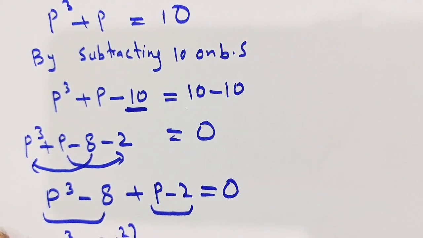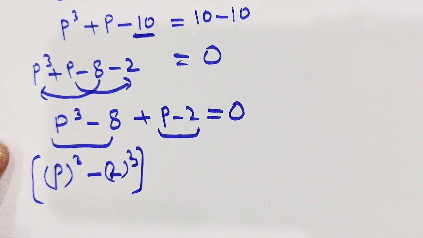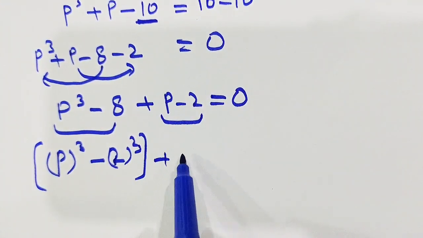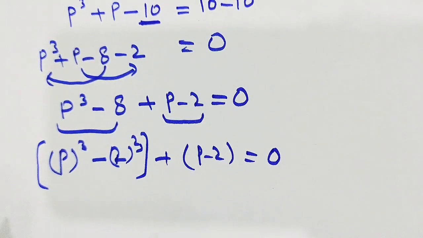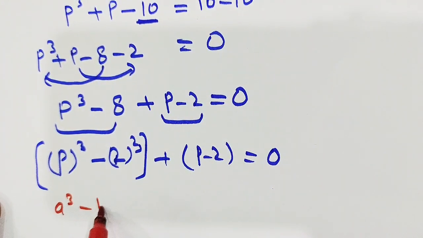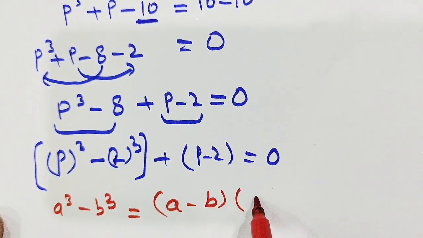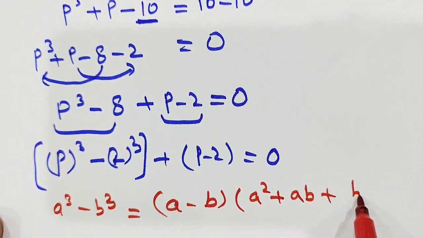By dealing with these two separately, p cube minus 2 cube plus p minus 2 is equal to 0. Here we have to use the formula of a cube minus b cube is equal to a minus b into a square plus ab plus b square.